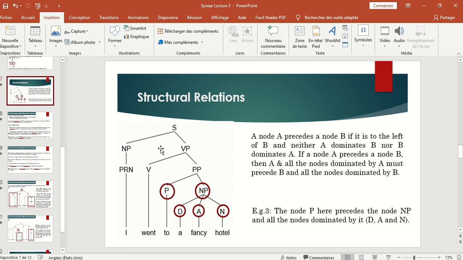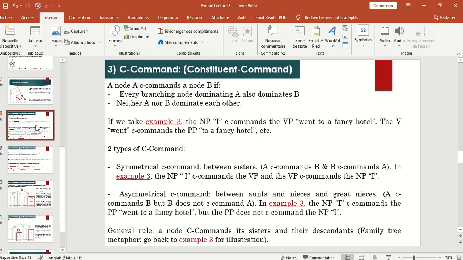Now to make it easier for you, whenever we have two sisters dominated by the same mother, NP and VP are sisters, V and PP are sisters, P and NP are sisters, D, A, N are sisters, then they c-command each other. NP c-commands VP and VP c-commands NP. V c-commands PP and PP c-commands V. This is symmetrical c-command. And we also have asymmetrical c-command.